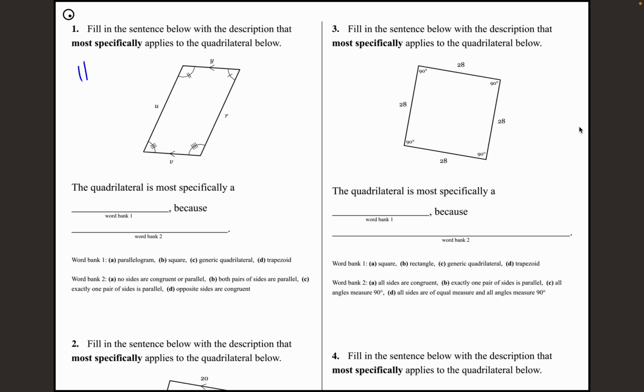If it has 1 set of parallel lines, what does that tell us? It's a trapezoid, so I would put trapezoid right here. After that, in the second word bank, you have to explain why: it has exactly 1 pair of sides that is parallel. I'm going to zoom in so we can see those options.